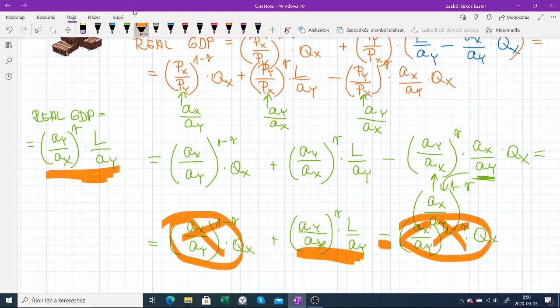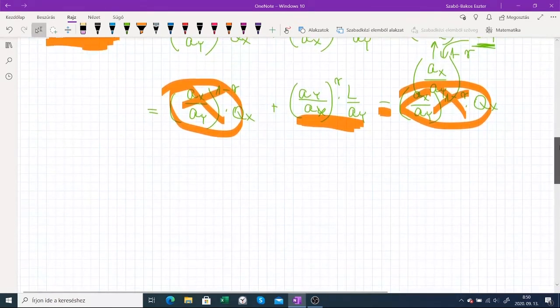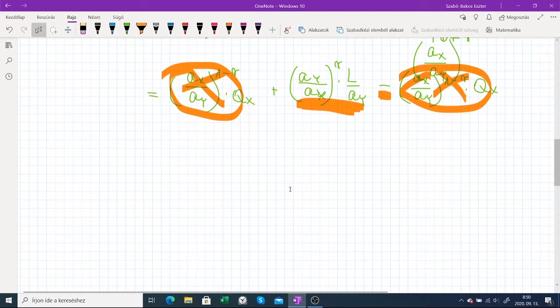But we have an open economy, a small open economy, and this small open economy has comparative advantage in producing hamburgers, in producing eggs. What is the real GDP for a small open economy?